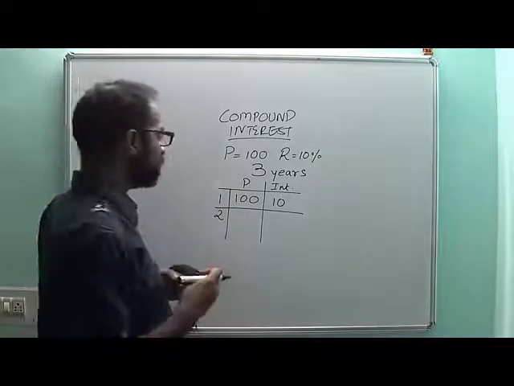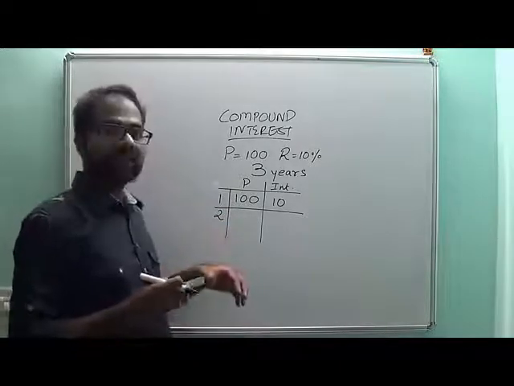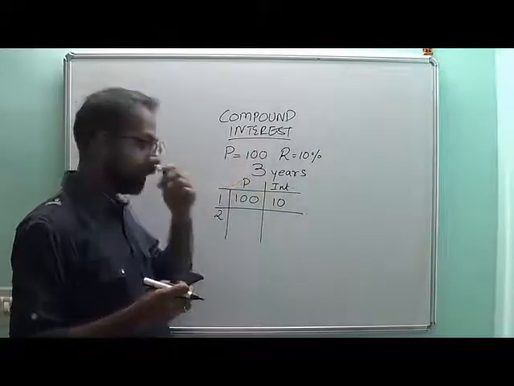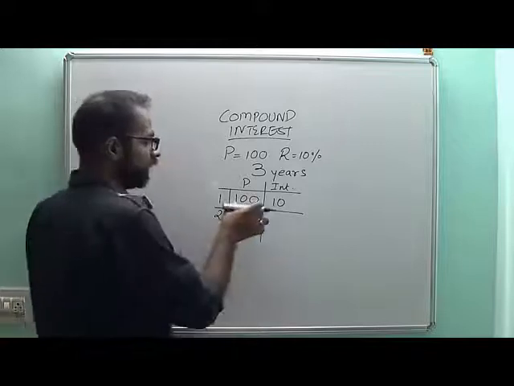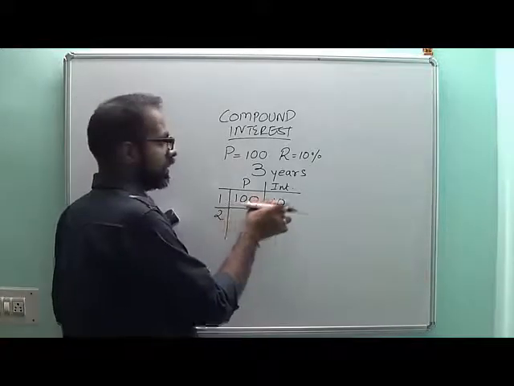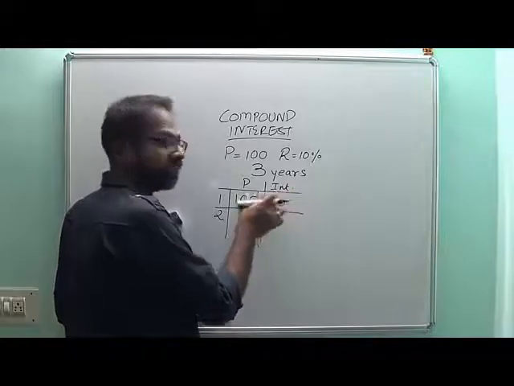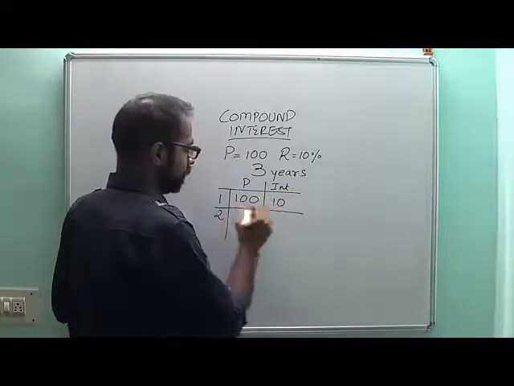In simple interest, we again calculate the interest amount by taking the basic principal. But in compound interest, we do not take just the basic principal, we add the interest earned the previous year to the principal, which means 100 plus 10.